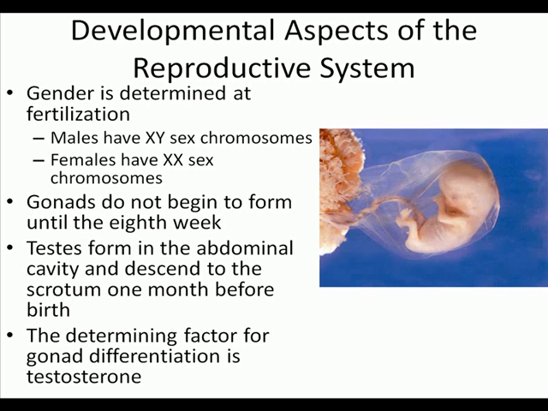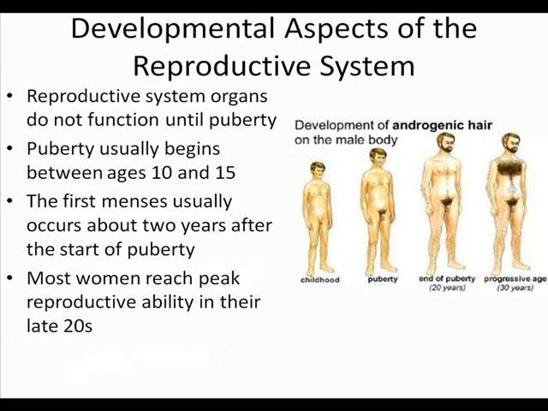The gonads really form about the end of the 8th week, so they're some of the last organ systems to really start to develop. The testes actually form up in the abdominal cavity, and then they descend down into the scrotum about a month before birth. Really, the determining factor for the gonads forming is the presence of testosterone made in the male.